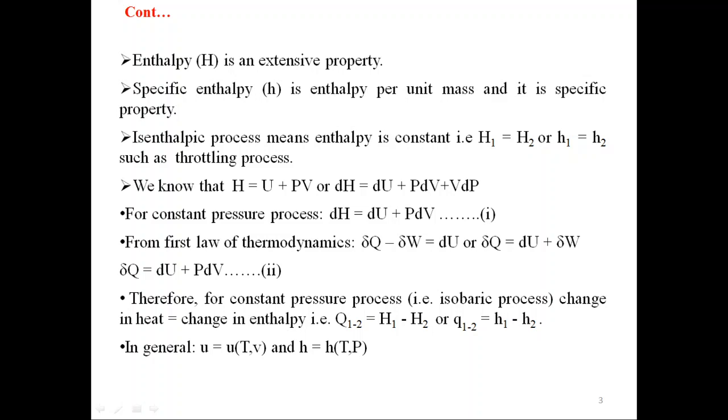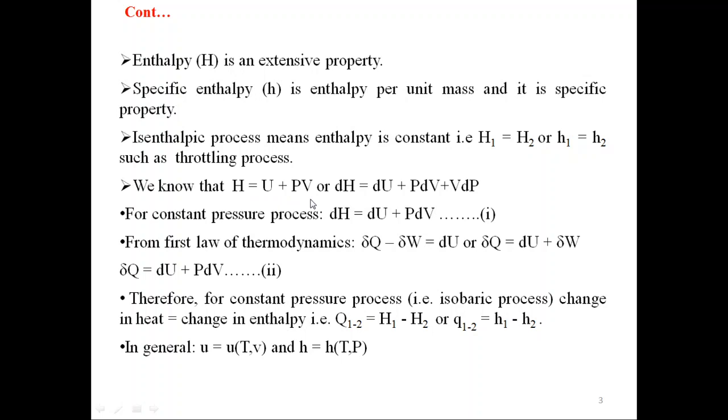An isenthalpic process means enthalpy is constant, that is H1 is equal to H2, and the throttling process is one example of an isenthalpic process. We know that H is equal to U plus PV.